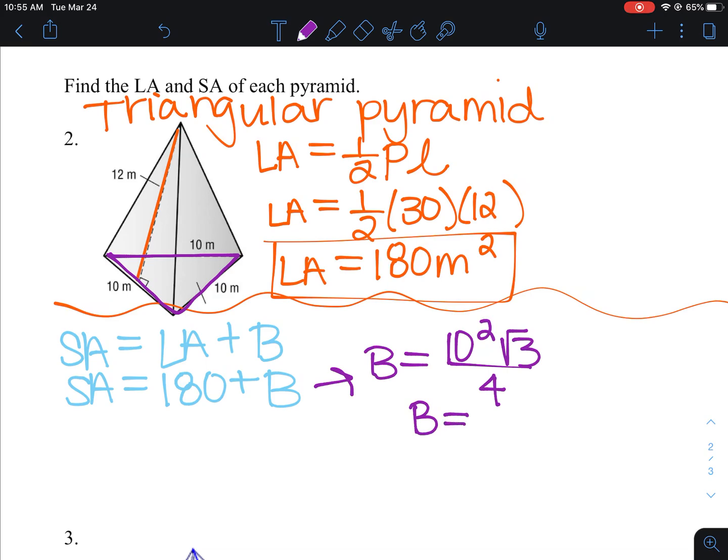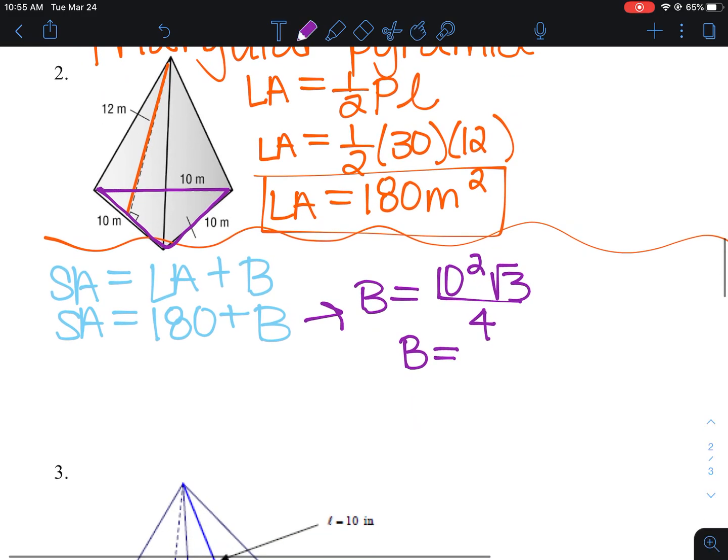It doesn't really matter if you type it, I'm just going to type everything into the calculator because we're going to get a decimal in the end anyway. So 100 square root 3 divided by 4. This would be 43.30 if I rounded to the nearest hundredth. Again, I'm not a stickler about rounding.